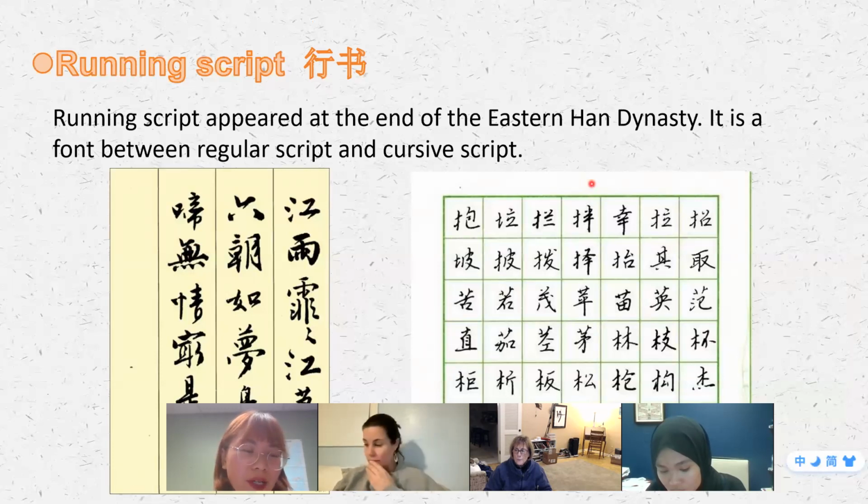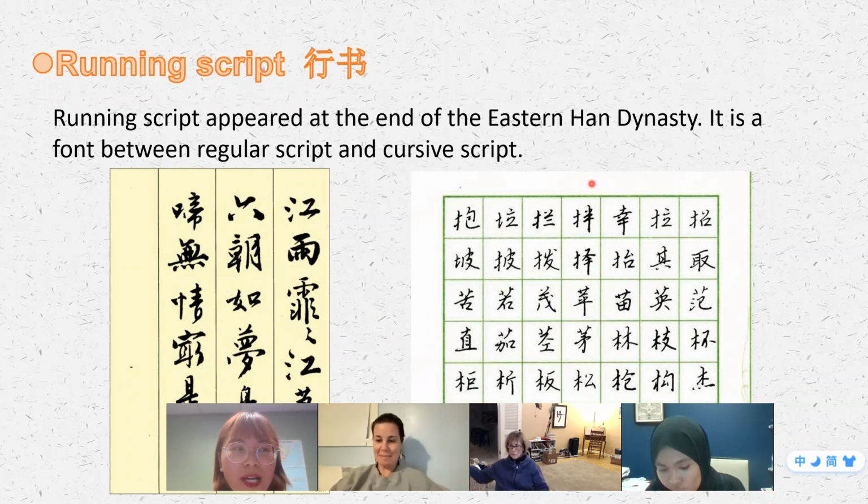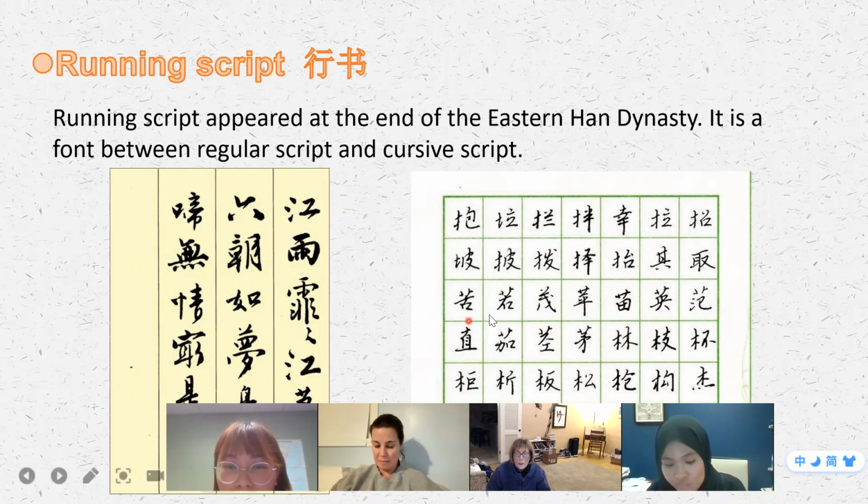I think when you learn more and gradually you can write more Chinese characters, you will try to write faster, and at this time maybe you can write running script characters, because you found that writing one stroke by one is too slow and you want to be faster, so you write like this.